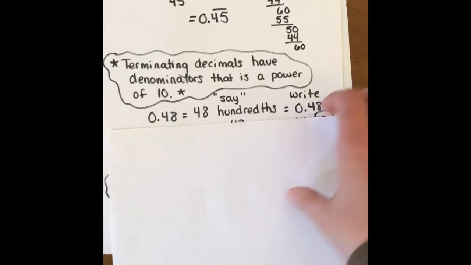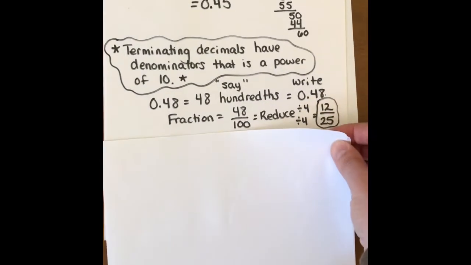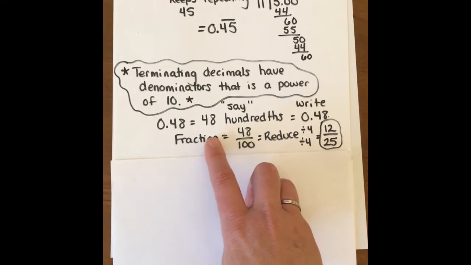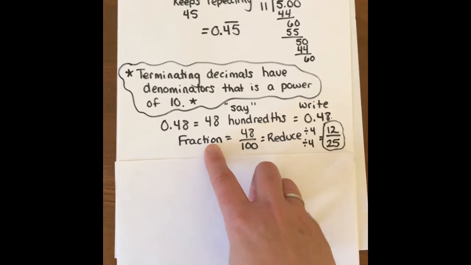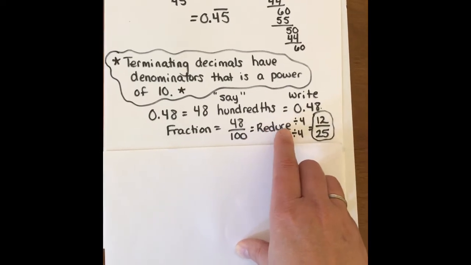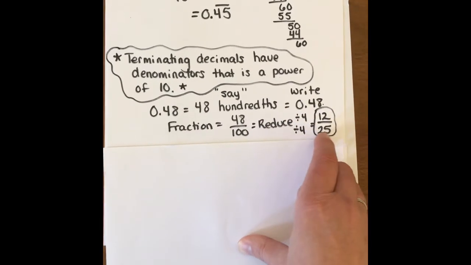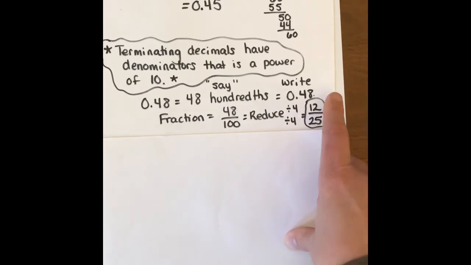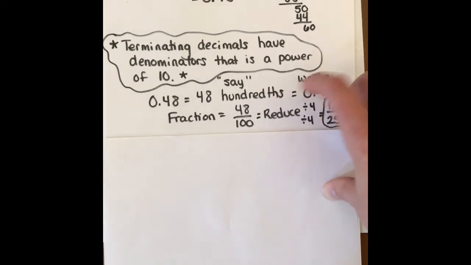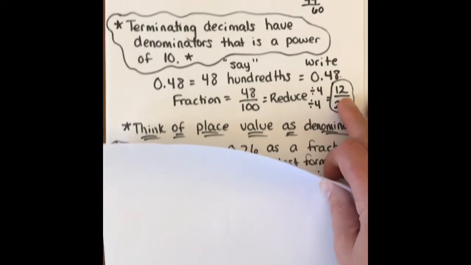If you're saying 48 hundredths, you've just said a fraction, not a decimal. So it's 48 over 100. And then you can just reduce it by dividing top and bottom by 4 to get your simplified fraction of 12/25.